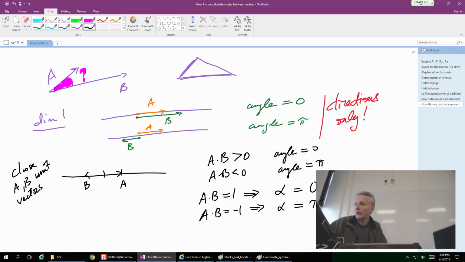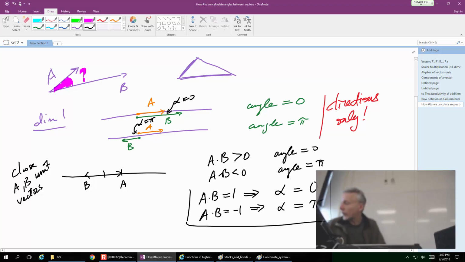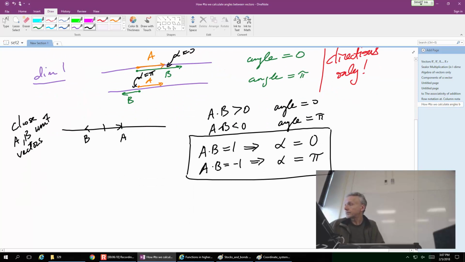So once again, here alpha is 0, and here alpha is pi. Okay, so this is the starting point. And at this point, now we'll see if you remember your trigonometry well. What is the relation between these numbers and those?